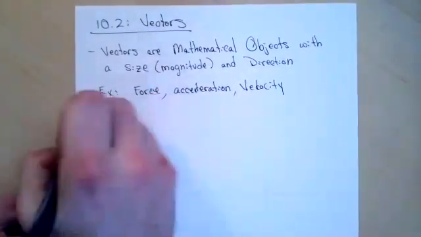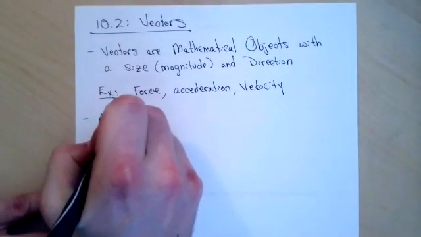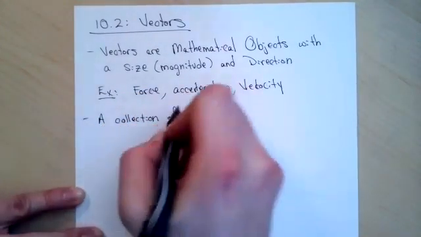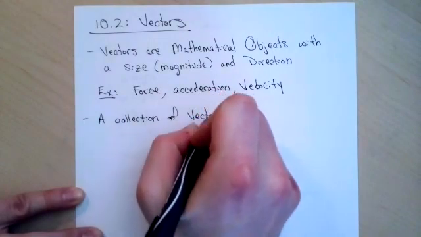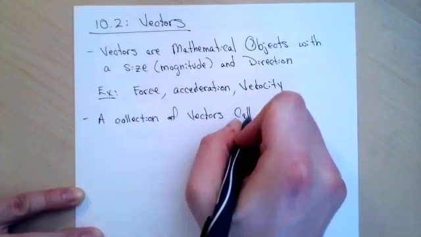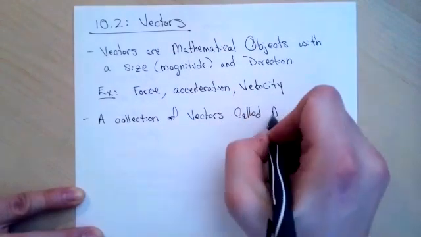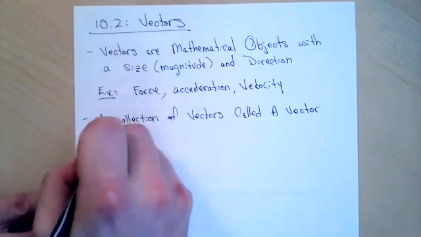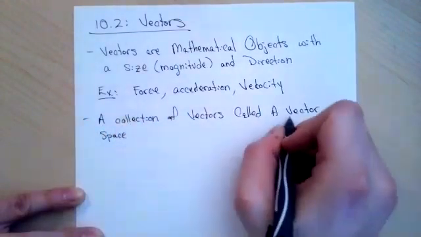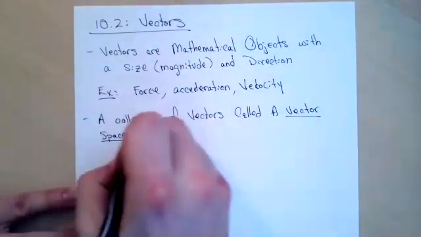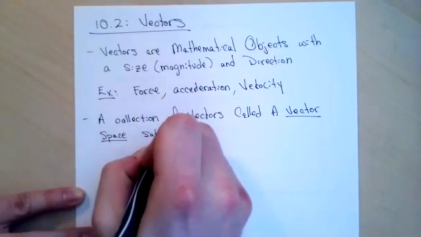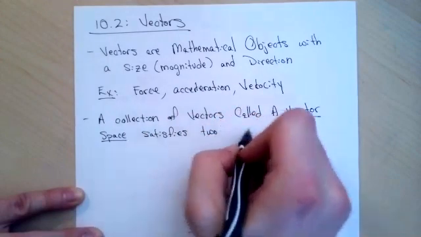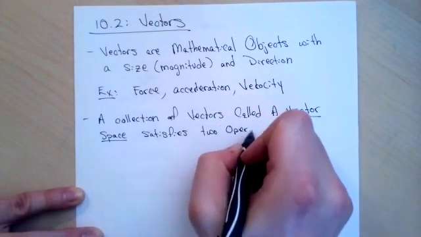So a collection of vectors, called a vector space, satisfies two operations.